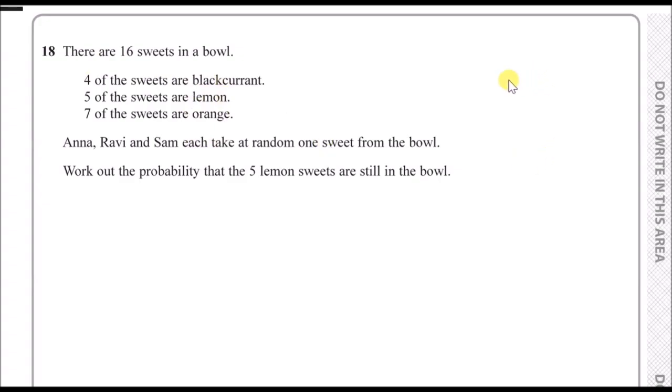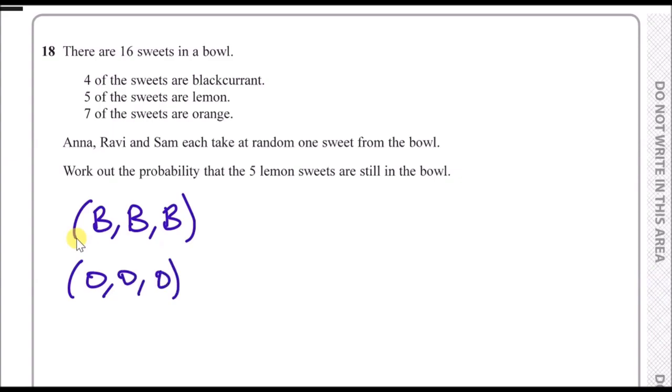So one possible combination that you could do, guys, is this. Let's say Anna takes blackcurrant and Ravi takes blackcurrant, and also Sam takes blackcurrant. So this is one option. Or you can decide that they all take oranges, so 3 oranges. And you can notice that we haven't touched lemon yet. Another combination could be this.